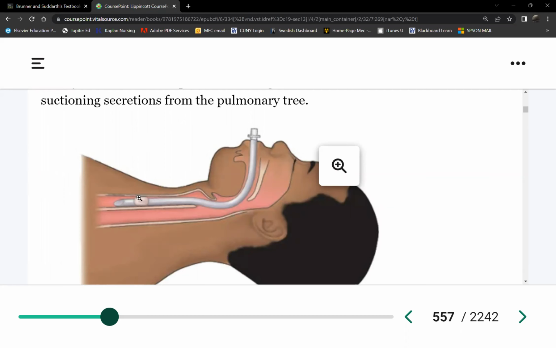Because if our tube is not the exact width of the tracheal diameter, will all our breath go in and out through the tube only, or will it leak around the sides? Okay, it will leak around the sides. So we need to ensure proper cuff inflation in order to make sure that there's no leaking of air during inhalation or during exhalation. Now, is the trachea made of living tissue?